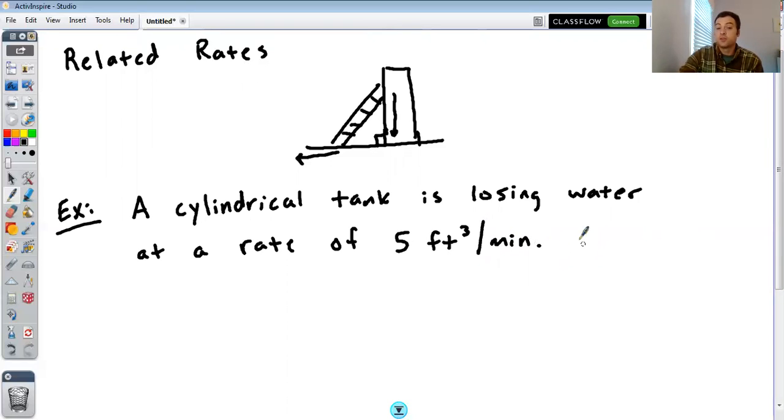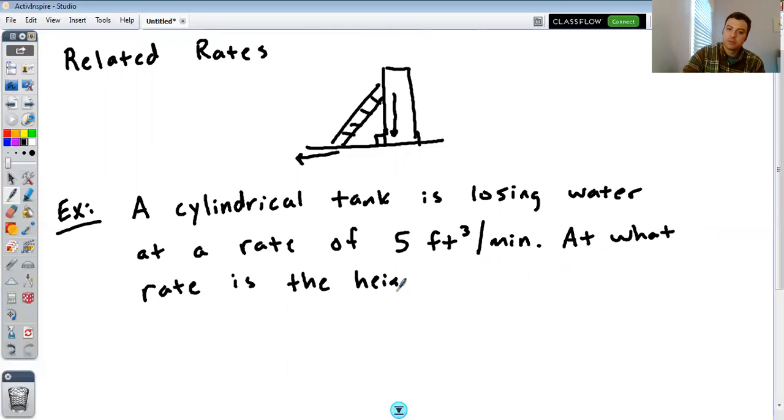And I'm totally making this problem up right now. I hope it works out okay. At what rate is the height changing when the height of the water is 4 feet?